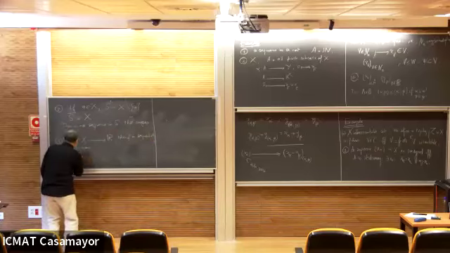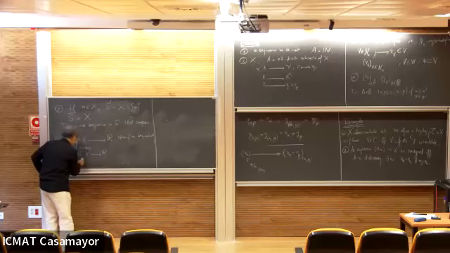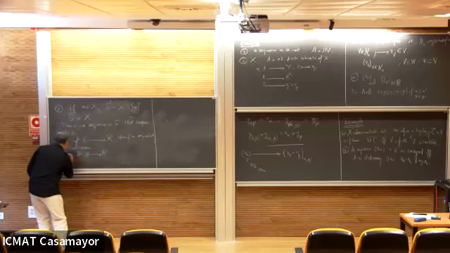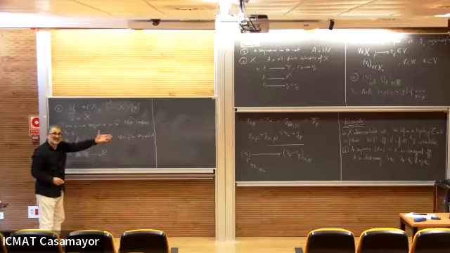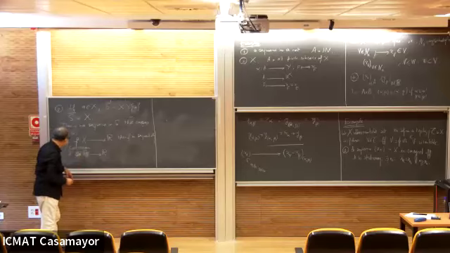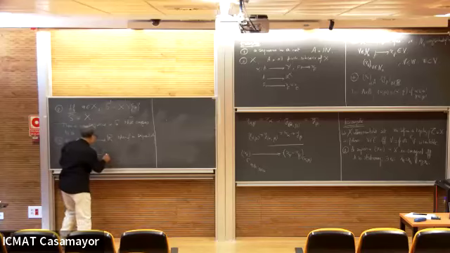the identity map from X to R, if we take X equal to I. So this topology can be defined in any uncountable set, in particular for R. And here we take the usual topology.